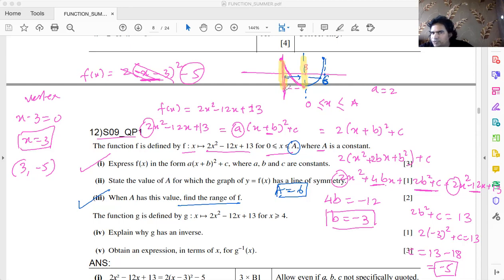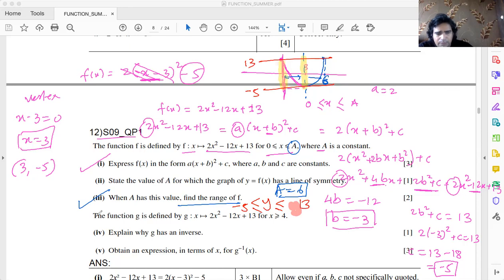So y should be between negative 5 and 13, because your y values are between these two values. So the range is negative 5 to 13.